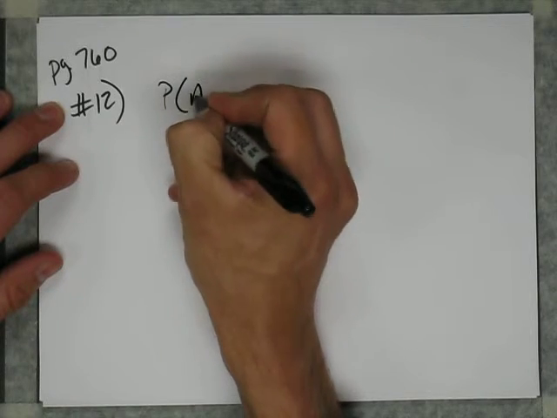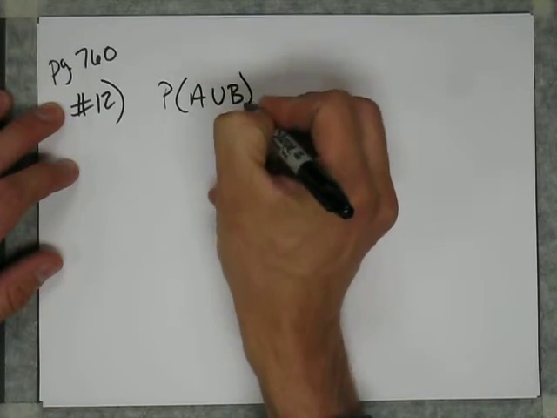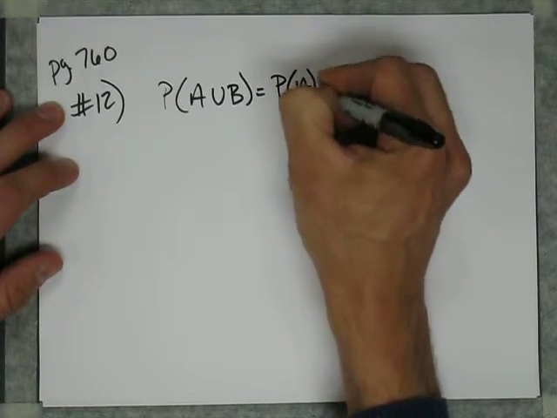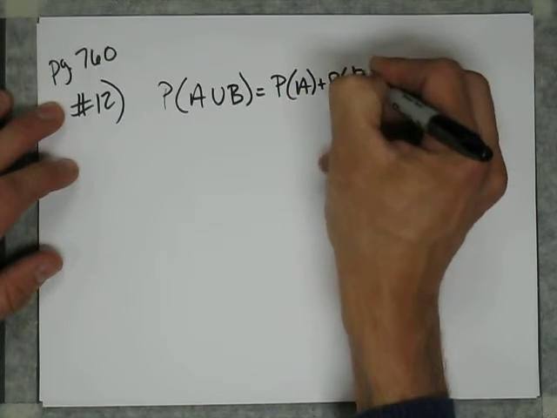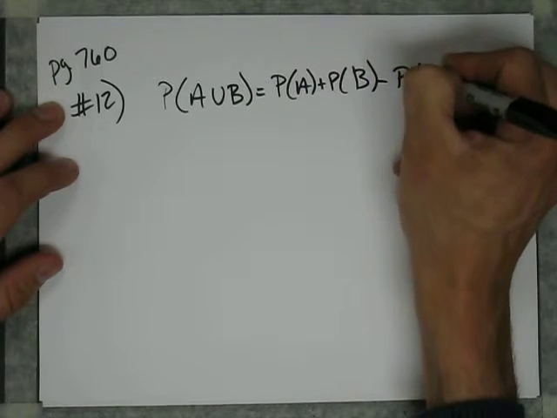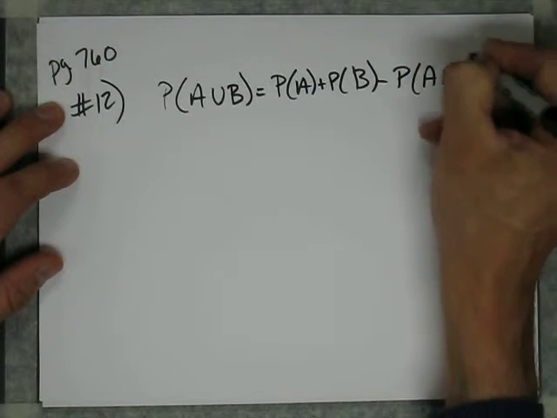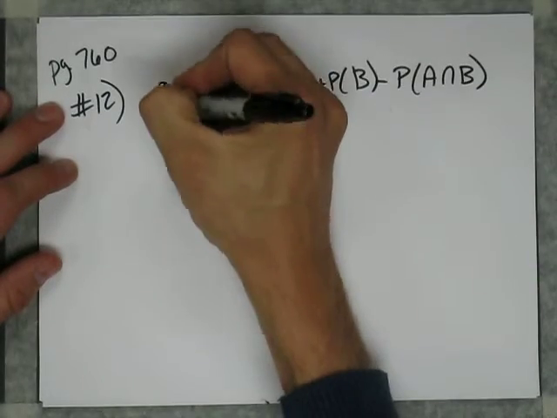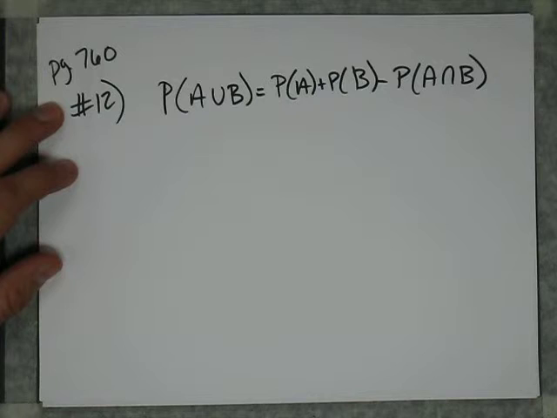Probability of A union B is equal to the probability of A plus the probability of B minus the probability of the intersection of A and B. This is what applies here because these are not mutually exclusive, because it's making a shot.